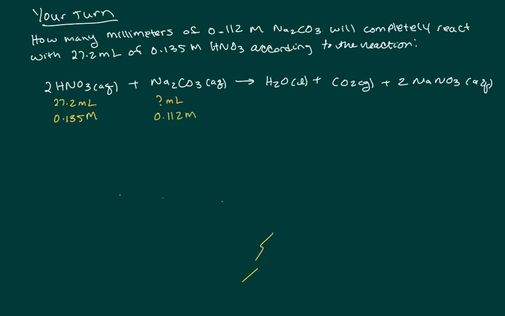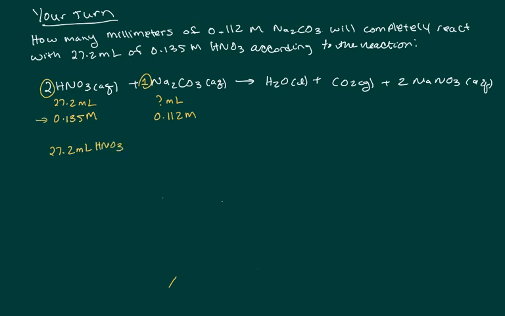Okay, so of course we cannot just use M1 times V1 is equal to M2 times V2, because we have to take into consideration the stoichiometry of this reaction. So we're going to set it up using dimensional analysis to make things easier for us. Okay, so we have 27.2 mils of HNO3.